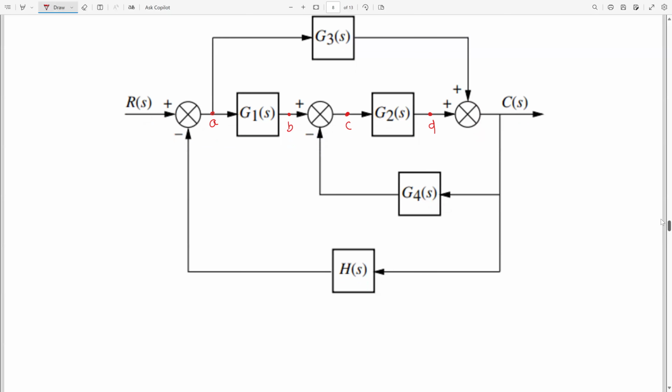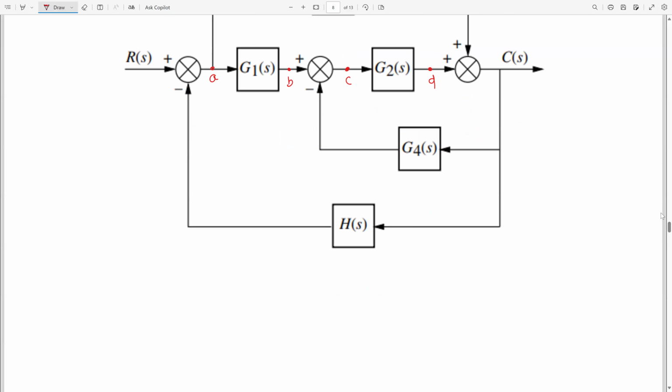The next step is to write the nodes. So node R of S, node A, node B, node C, node D, and node C of S. Feel free to pause if you feel like you can solve it, because I've solved about three examples, so I'm sure you've gotten a feeling of how the whole thing should look.